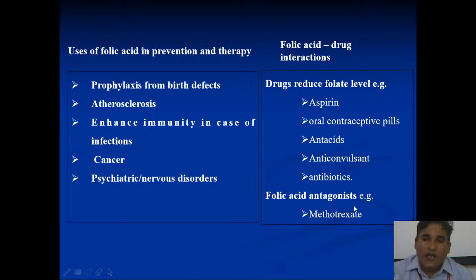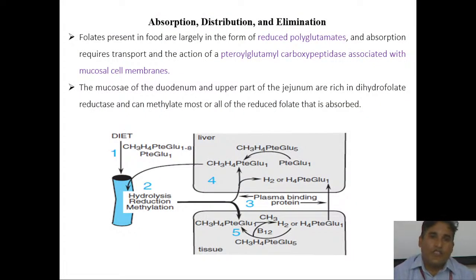And these are the antagonists, methotrexate, a physiological antagonist. Folate present in food is largely in the reduced form, reduced polyglutamate. And the upper part of the GIT, especially the duodenum and upper part of the jejunum, is responsible for the absorption of this folic acid.